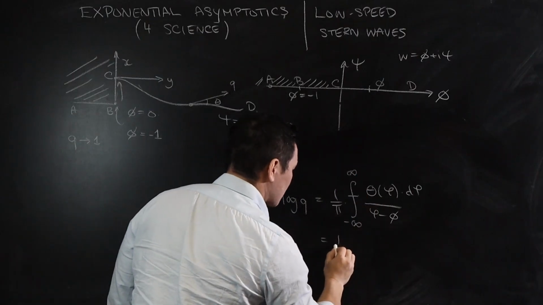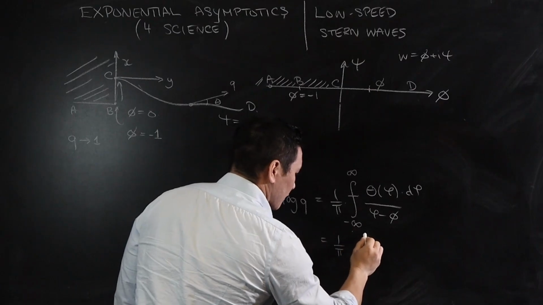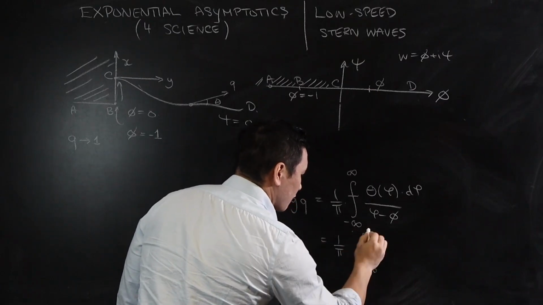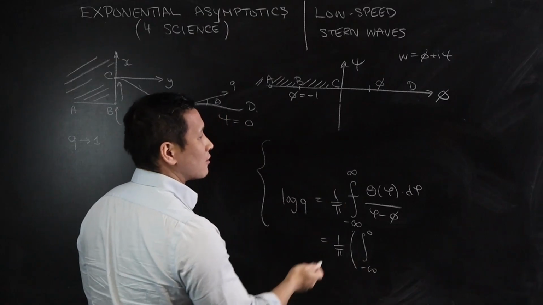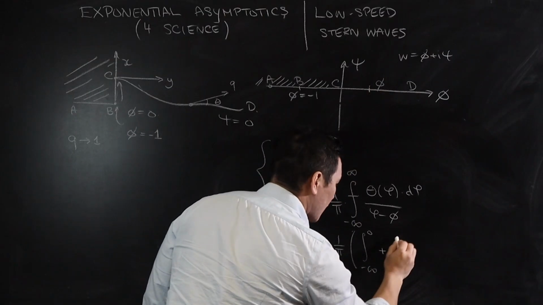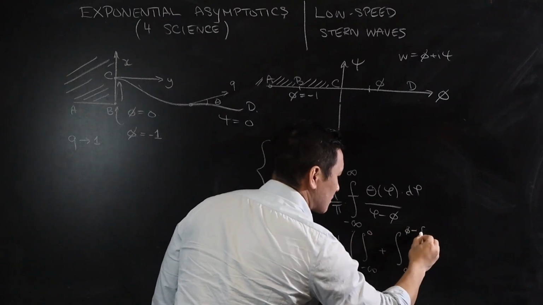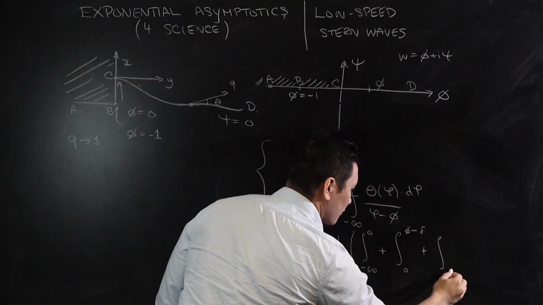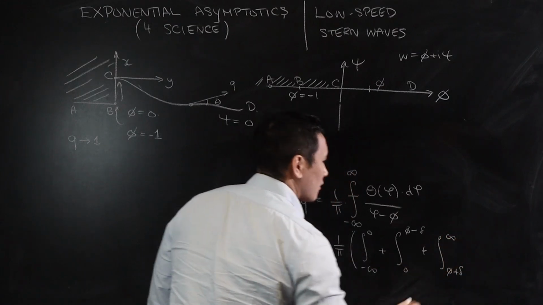This integral is basically the integral from minus infinity to 0, firstly, because this is non-singular. Phi is valid on the right here. Then you have to add a bit from 0 to phi minus something small, and then from phi plus something small to infinity, and then this is theta.